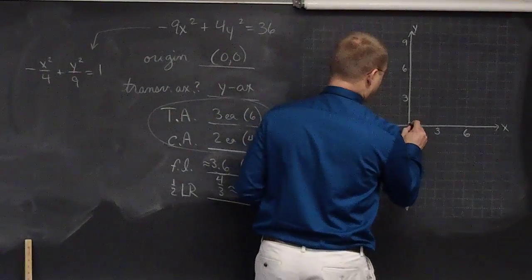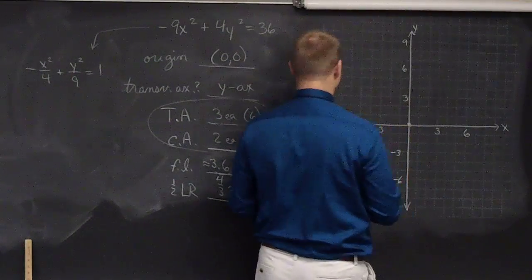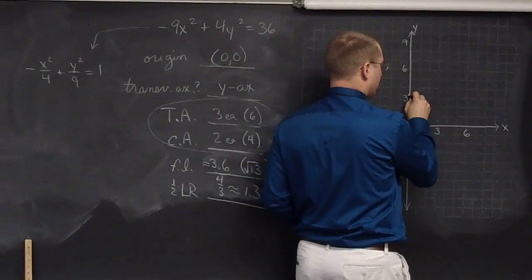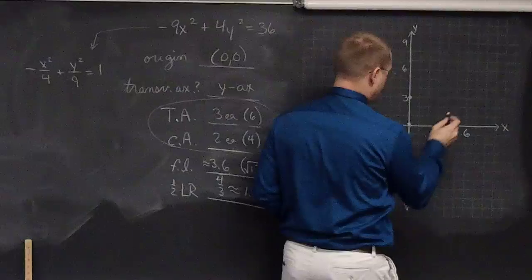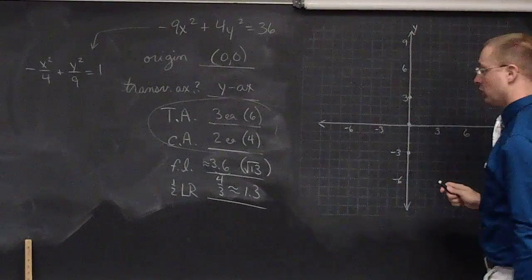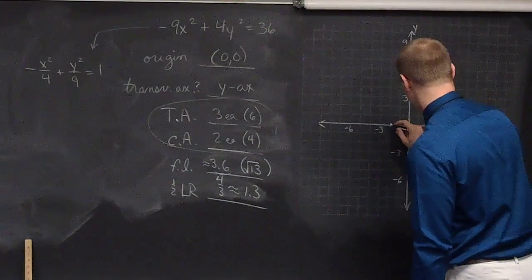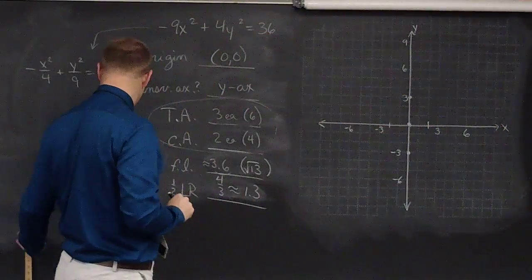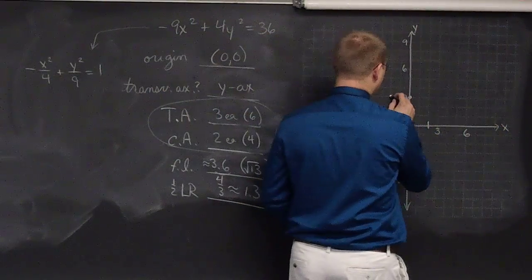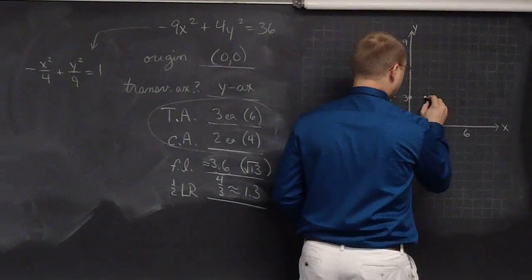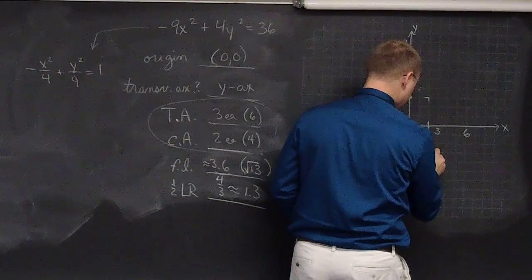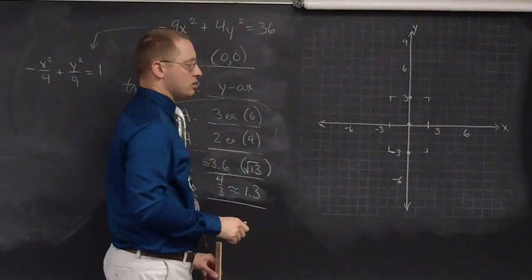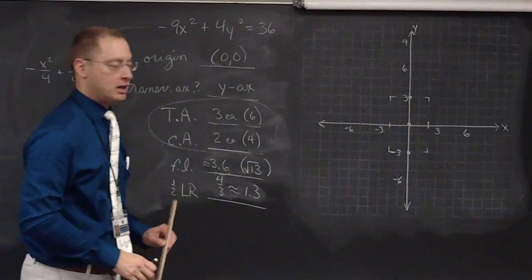All right, so we go 0, 0. And then along the y-axis, go up and down 3. And along the x-axis, go outward 2. And then get the corners of the fundamental rectangle. Once you have the corners, use those corners to get your asymptotes.